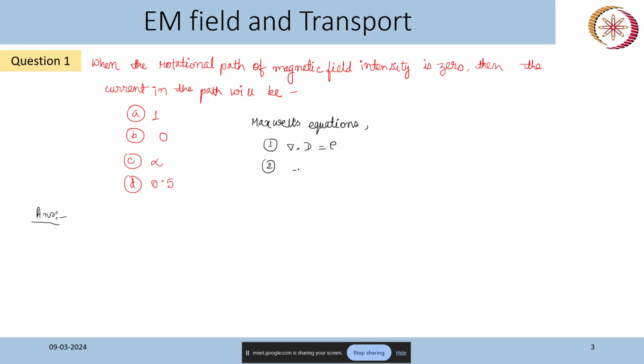Second equation is del dot B is equal to 0. Third equation is the curl equation, del cross E equal to minus del B by del t, and the fourth equation is del cross H equal to J plus del D by del t.